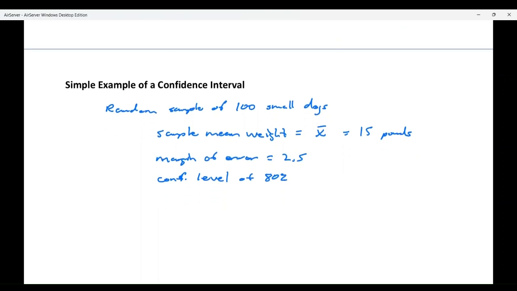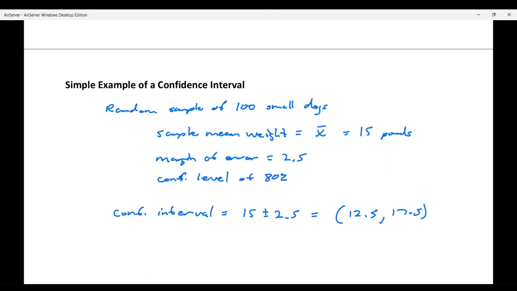So the way that I'd find the confidence interval then is, again, to take the point estimate plus or minus the margin of error. In this case, the sample mean, that 15 pounds, is the point estimate. So I'm going to take 15 and add and subtract the margin of error 2.5. And what that gives me is this range of values, this confidence interval.